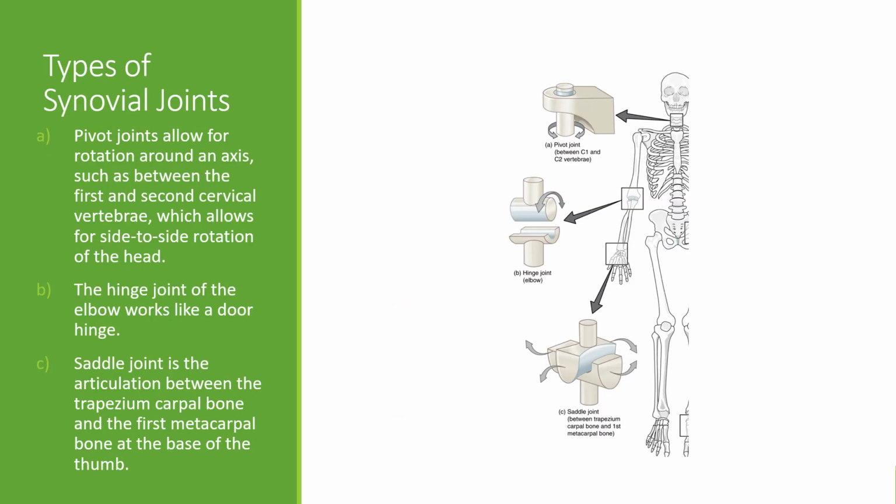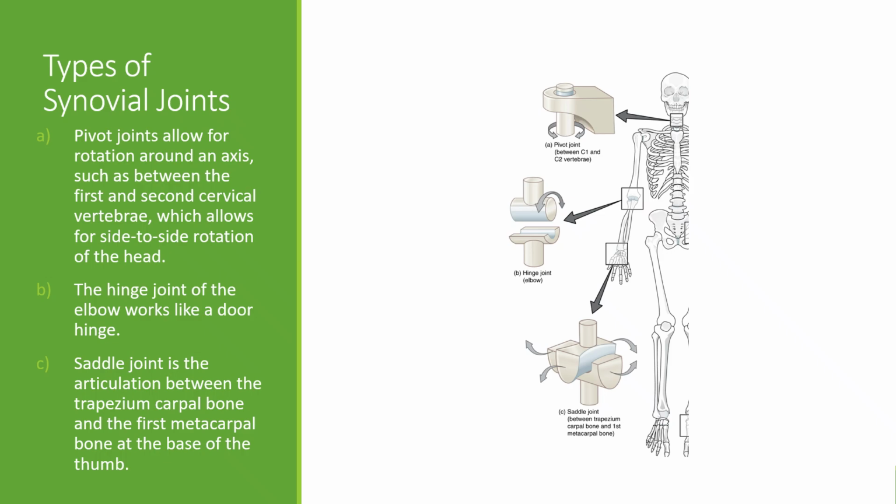So let's look at these different types of synovial joints. Pivot joints allow for rotation around an axis, such as between your first and second cervical vertebrae. The second cervical vertebra has a piece of bone that sticks straight up called the dens.